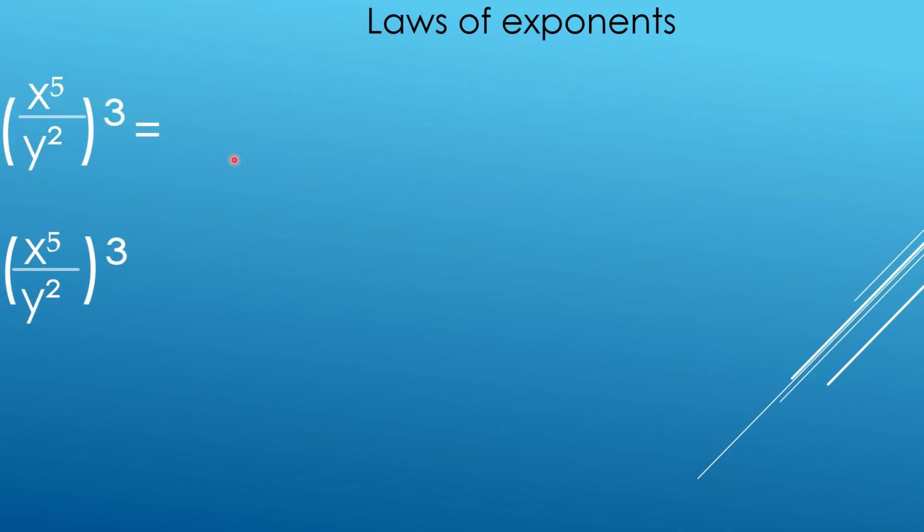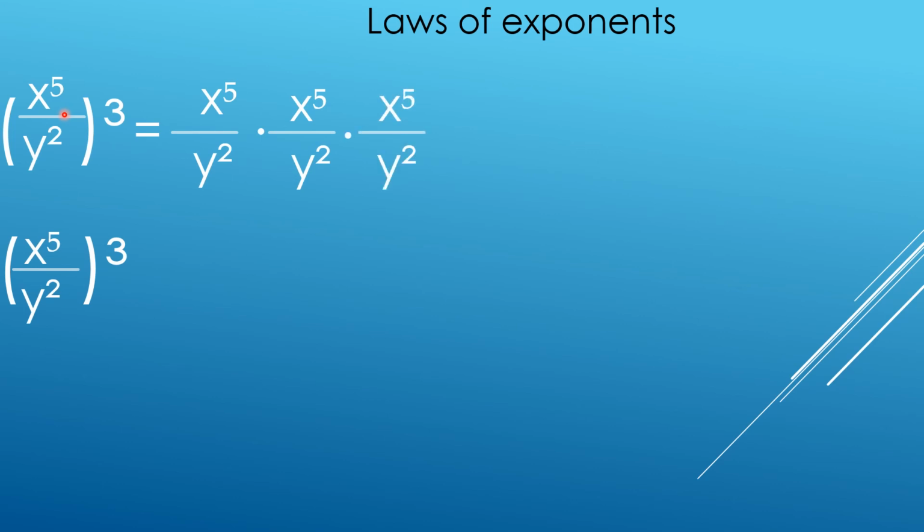I have here the quantity x to the fifth power divided by y squared. And then they are raised to another power, which is 3. Now it means this is the base and this is the exponent 3. Now it means that we can multiply the base 3 times. X to the fifth power divided by y squared, then another one, 3 times.